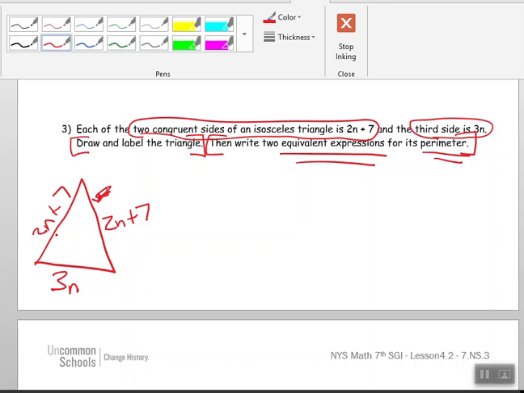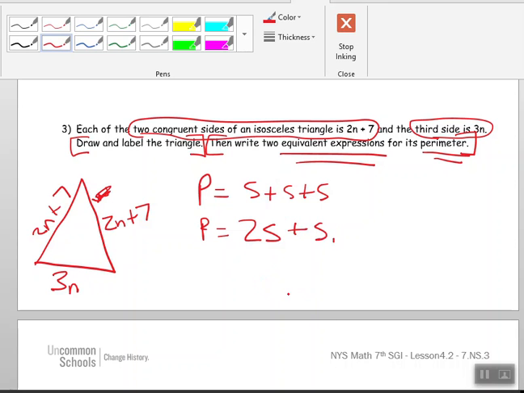My perimeter is essentially adding all three sides together, side plus side plus side. Perimeter of an isosceles triangle is going to be 2 times one side plus the other side.